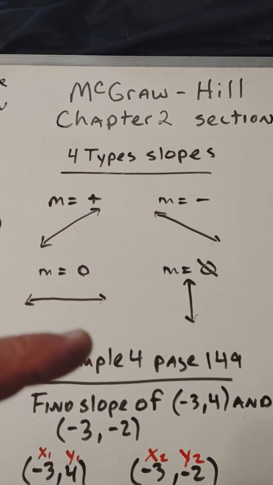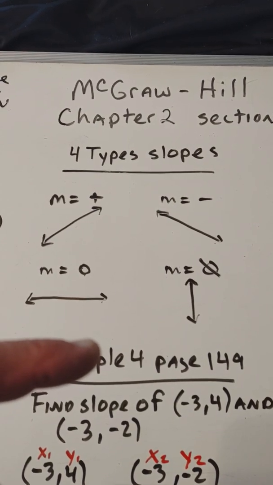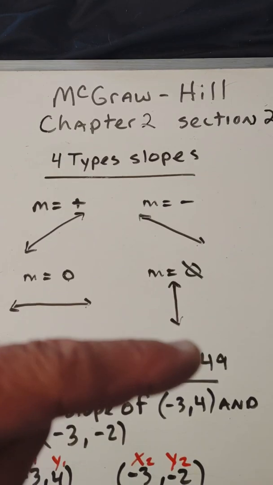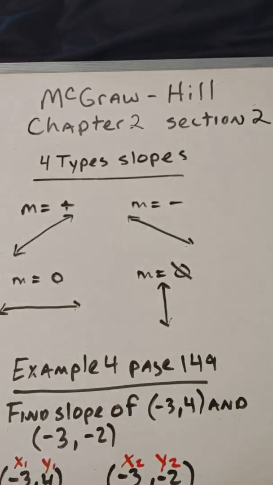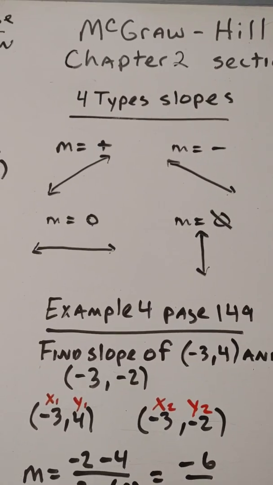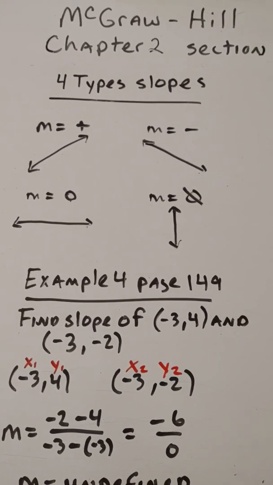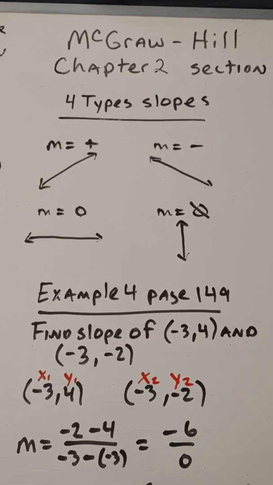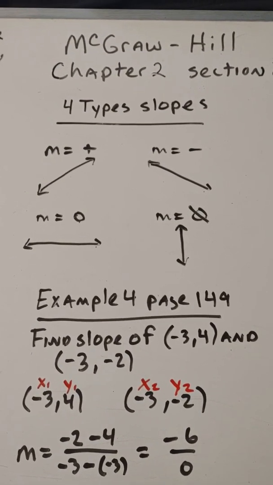We already talked about this. A zero slope is a horizontal line. An undefined slope is a vertical line. So these are the only 4 types of slopes that you have. Positive, rising left to right. Negative, falling left to right. Horizontal line, which is a zero slope. Vertical line, which is undefined.